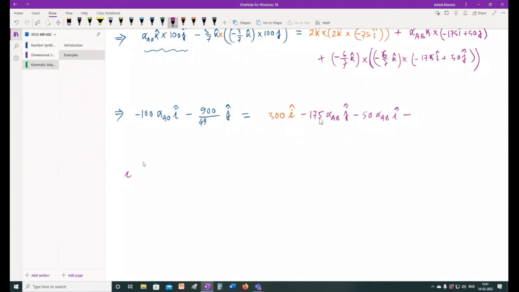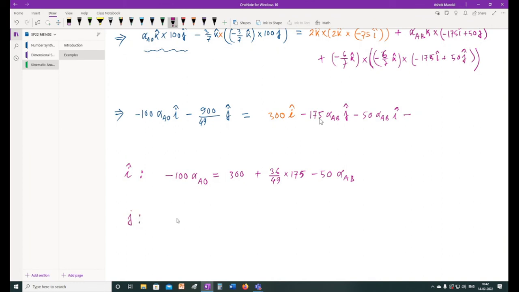Finally, what I got by separating the coefficients of I is: 100 alpha AO is equal to 300 plus 36 by 49 into 175 minus 50 alpha AB. Tell me, have you got this?